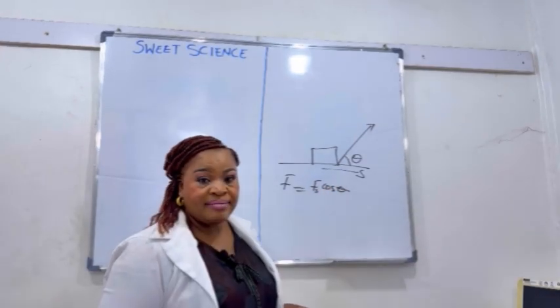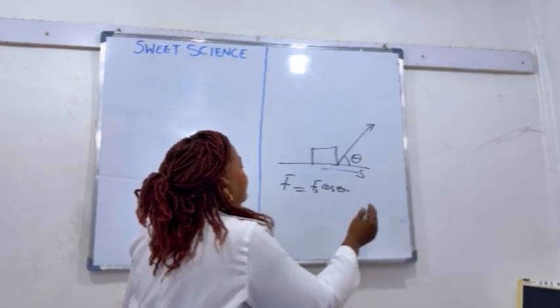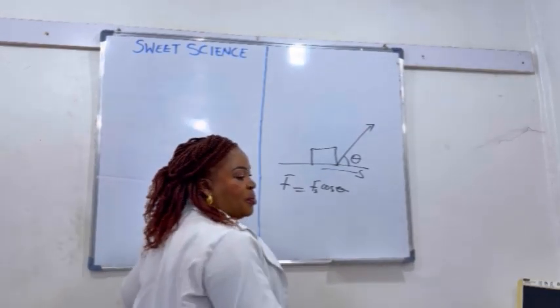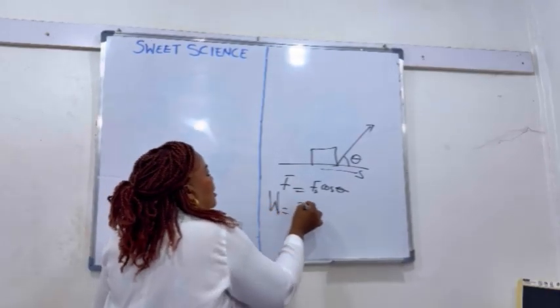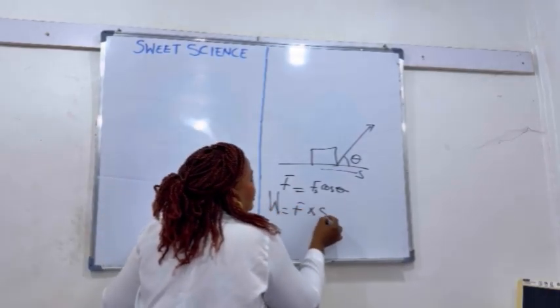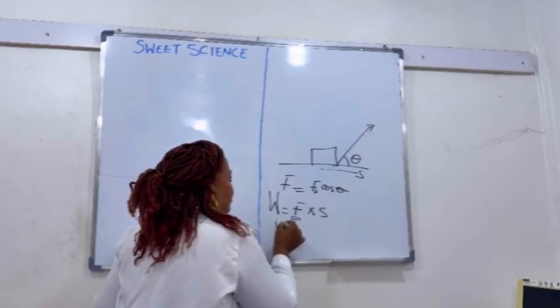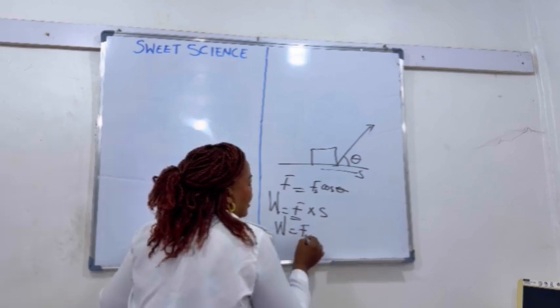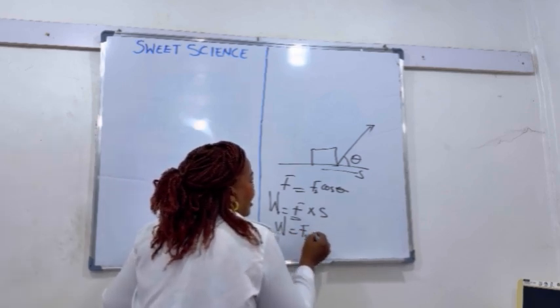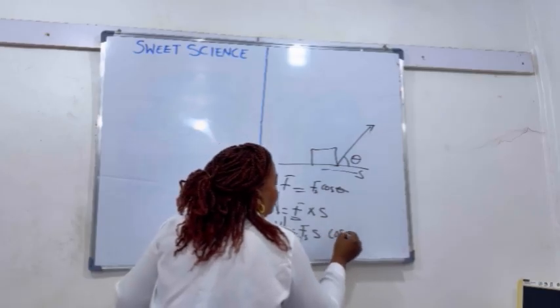All right, that's the force along the horizontal axis. So from here we now have that the work done, which is the force times distance, is equal to F along that smooth surface times distance times cos theta.